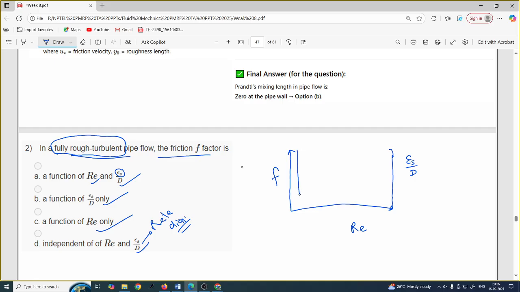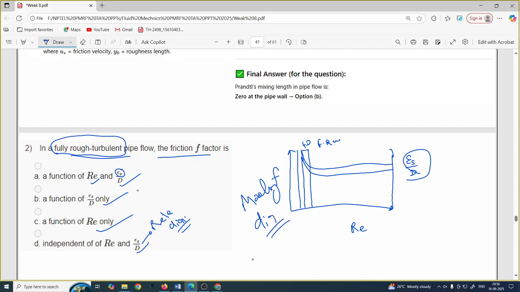This is the region of laminar, this is the region of transition, then after this is fully developed flow, this is fully rough turbulent flow. In the rough turbulent flow, the friction factor stays constant, meaning it depends only on this. Option B will be correct here. This is the Moody diagram, please remember.